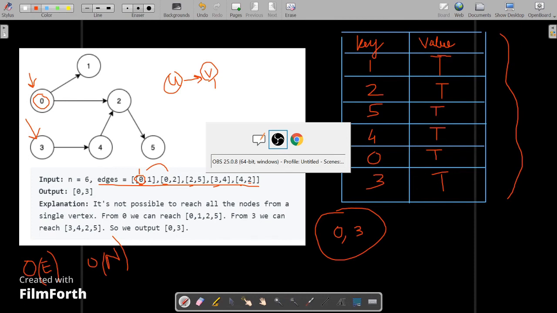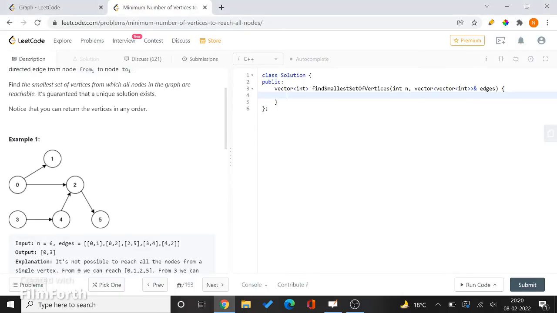Now let's code the solution up. The code is going to be very short and easy. First we create an unordered map of int bool and we name it visited. Then we have to create a vector which stores our answer.